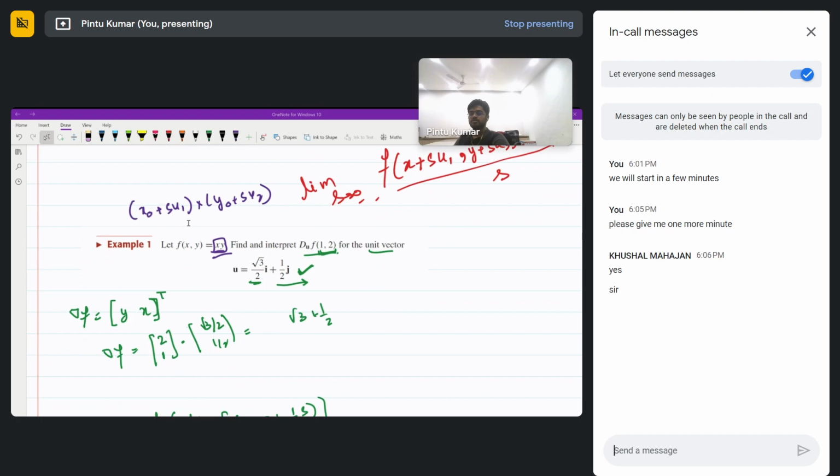Sir, here it is not possible to multiply? I have written a dot over here. So this is the dot product between two vectors. We have to take a dot product. This is the dot product between these two vectors. This is not multiplication, but dot product. Yes, sir, clear. Okay.